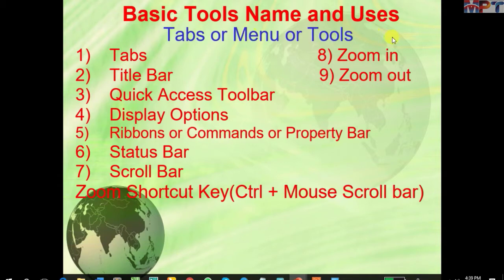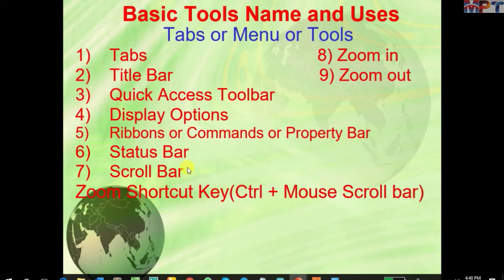Basic tools, names and uses: tabs or menu or tools. These are the basic tab names: title bar, quick access toolbar, display options, ribbons or commands or property bar, status bar, scroll bar, and how to zoom in and out. The zoom shortcut key is Control plus mouse.